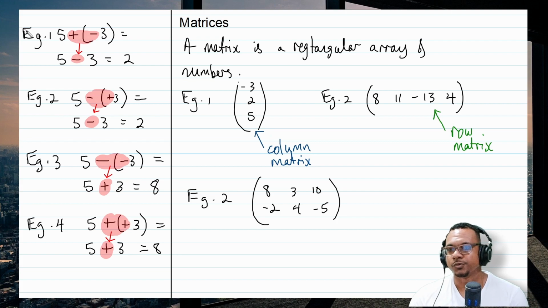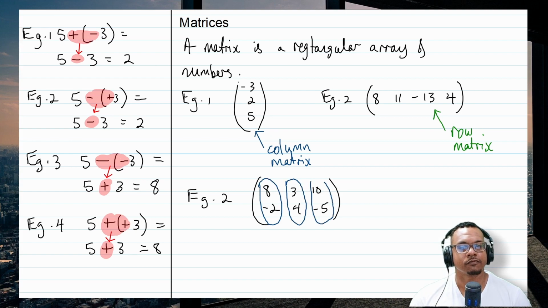I use blue for columns. Let me shade that instead and use blue to shade. So 1, 2. Oh, the colors clash, because I will do rows after. So 1, 2, 3. So I have 3 columns.